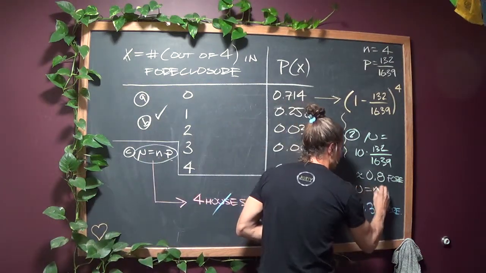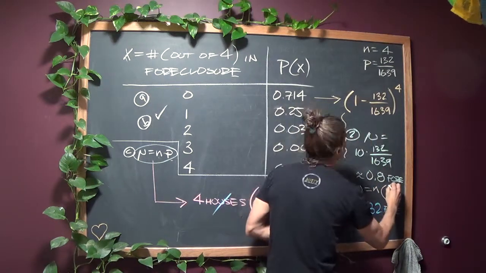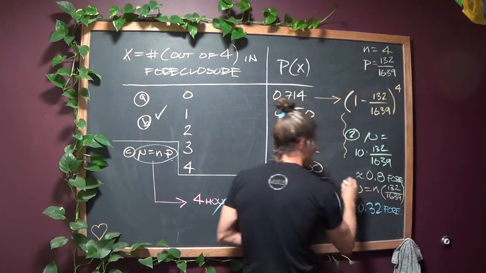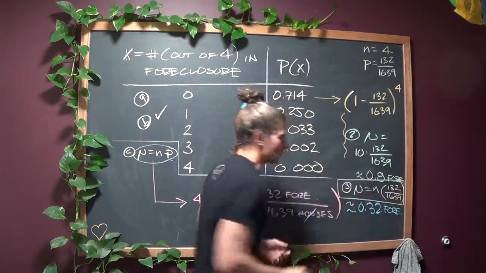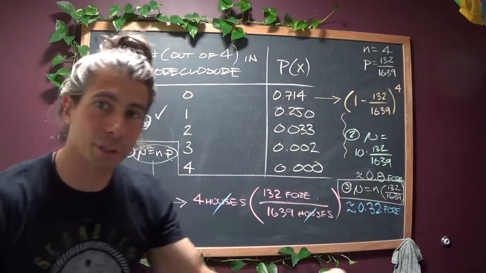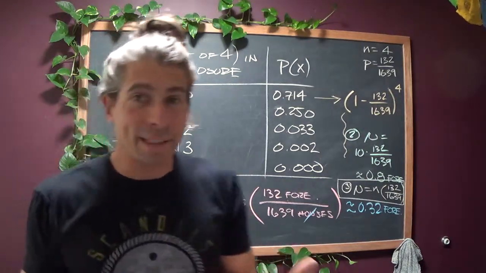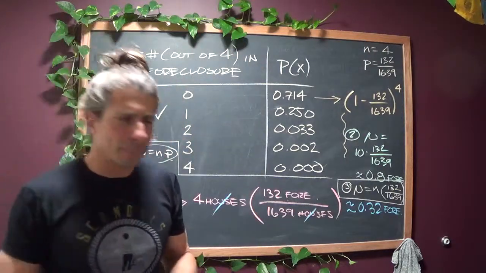The average would be n times p, which would be 132 out of 1639. And that's essentially what you were using in 1C and also number 2, which is you're actually getting at that very idea. So hopefully that makes sense. I hope it does anyway.